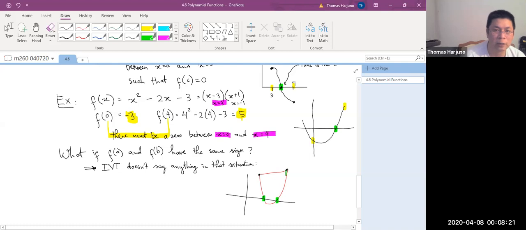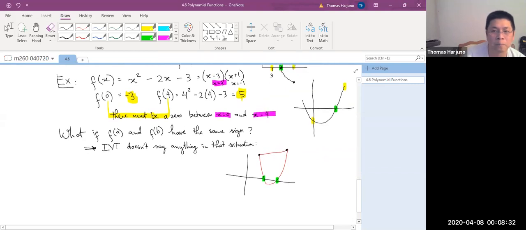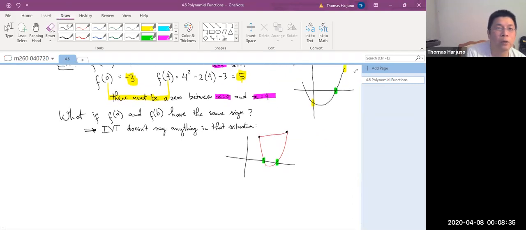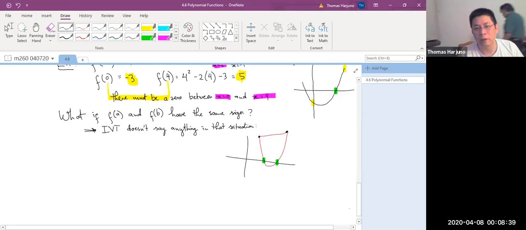In case they have the same sign, we don't know. We will save this at the back of our mind for now.